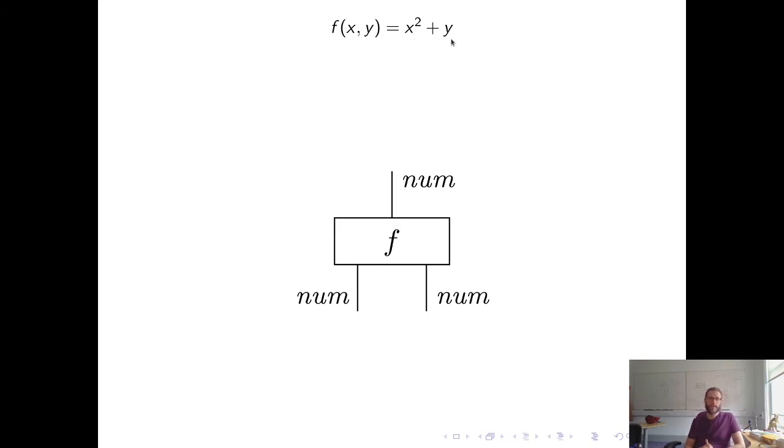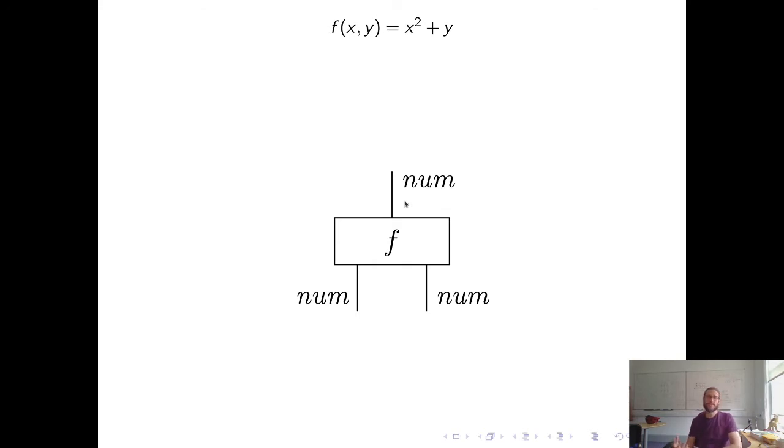Right, so rather than writing this as a formula like you're used to, I'll just write this as a box. So this box is labeled f, that's what process it is, and it has two inputs, which are labeled num, so that's the type of thing that's coming in those input wires is a number. And then one output num, so there's a wire with the type number coming out the top.